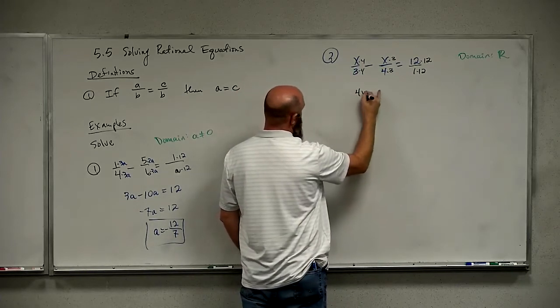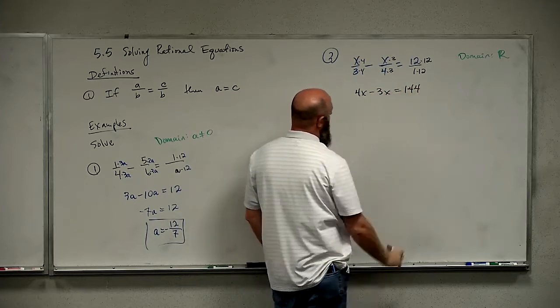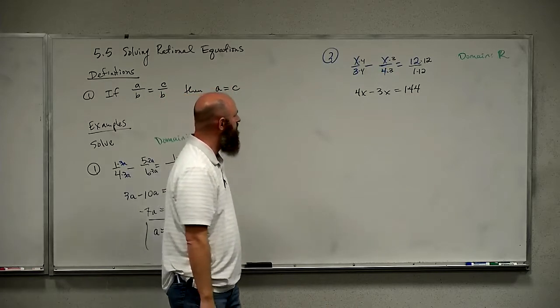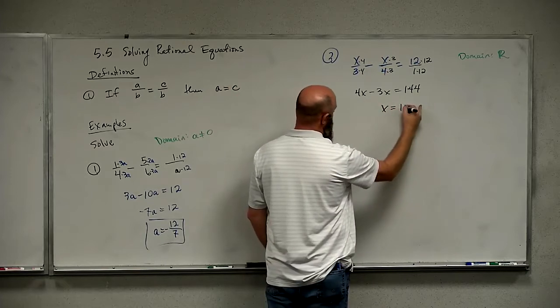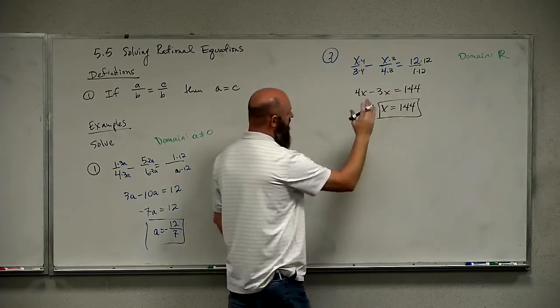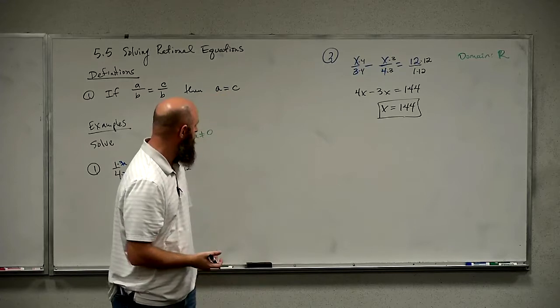So we're going to get 4x minus 3x equals 144. 4x minus 3x is 1x, so x equals 144. And that's not a problem because we do not have a domain issue for that one. Okay.